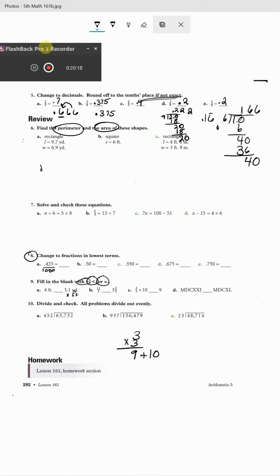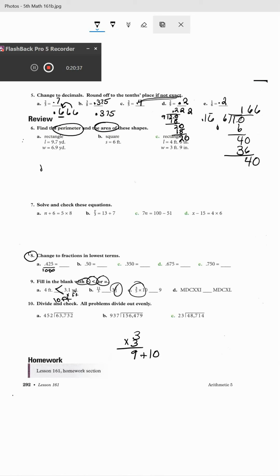So 3.1 yards is the same as 10 feet. Which one's bigger? Okay. This one, change that to an improper fraction. Solve this one, and this one you can figure out.